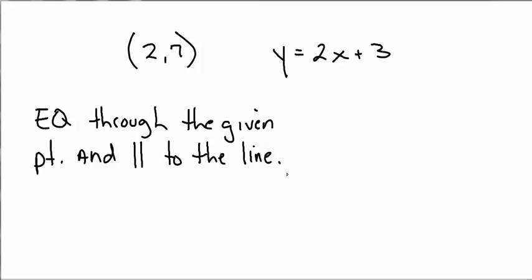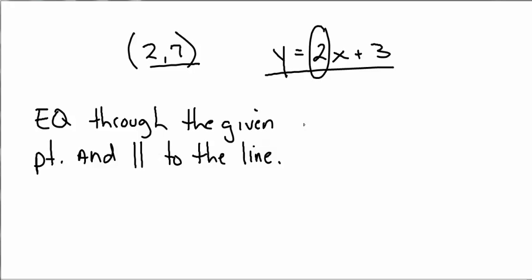So you're going to write an equation now. What's the slope of the new line going to be? It's going to be 2, isn't it? The slope of the new line is going to be 2 because the new line is parallel to the given line. Parallel lines have the same slope. And it's going to go through this point.